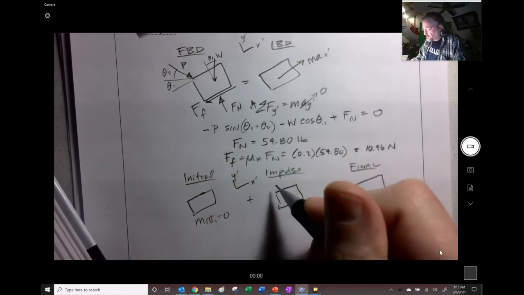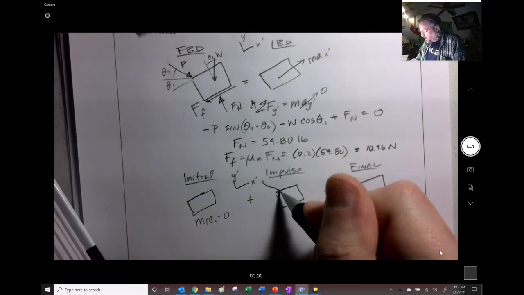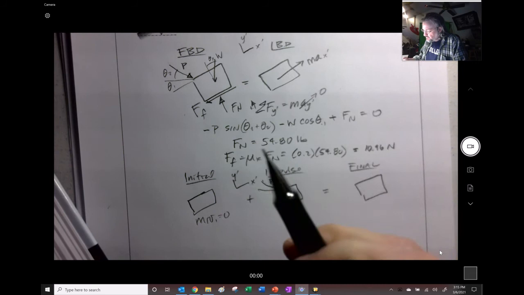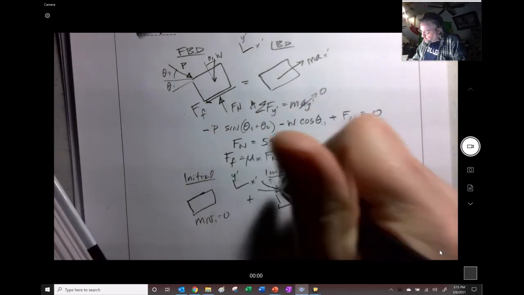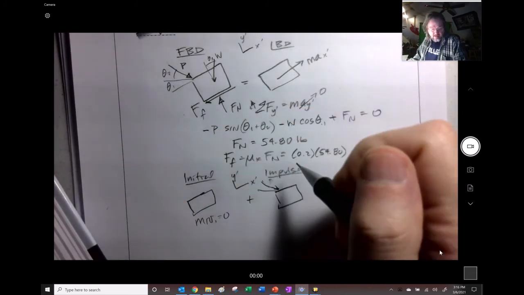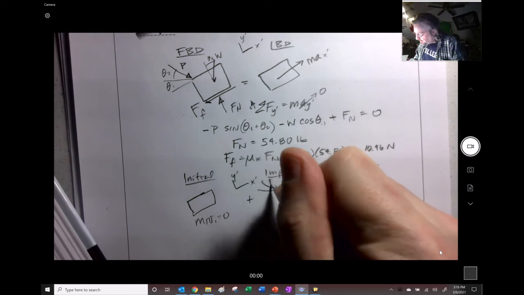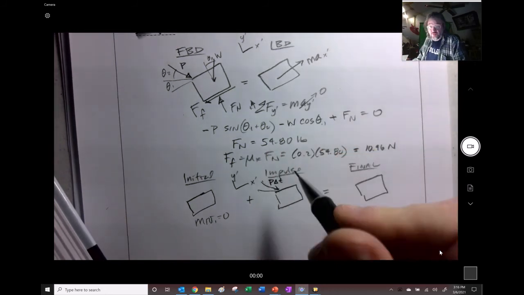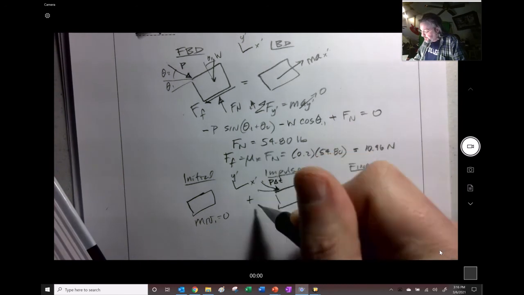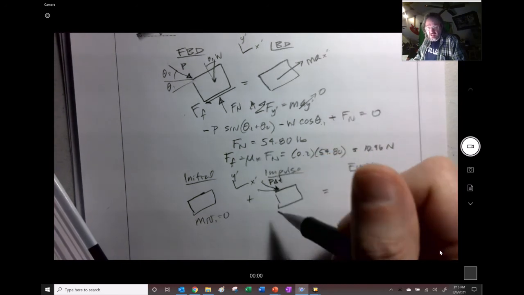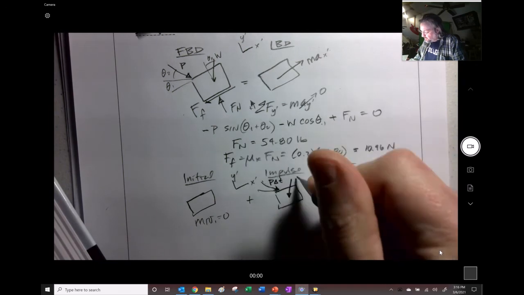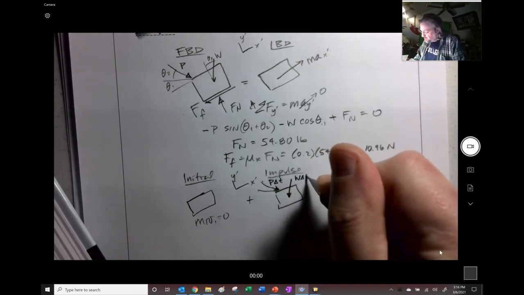It starts from rest. And then we apply a force P, and I'm going to say that it's a constant force, so we can say P delta T. So it's not just the force; it's also the time. We have a weight that's acting on here, but that also is an impulse.